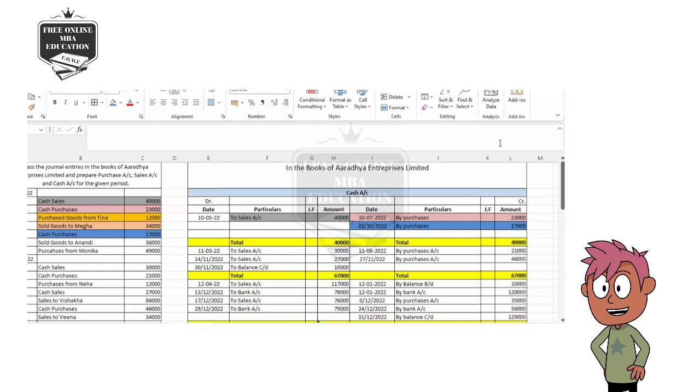Whenever there is any name mentioned, it is assumed that it is going to be a credit transaction. And if it is mentioned that sold goods to Megha for cash, then in that case, assume that it has been a cash transaction. If words like for cash, by cash are not mentioned in the transaction, assume these transactions happened as credit transactions.